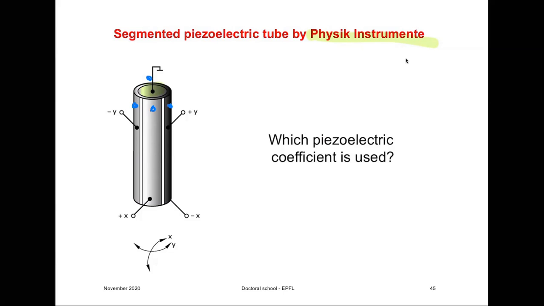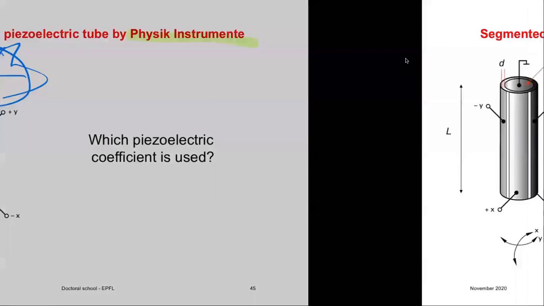And so which effect are we using? Remember that what we want is motion in this direction and in this direction, and we would really like to achieve circular motion, so have control in this whole plane. So which effect is used here?